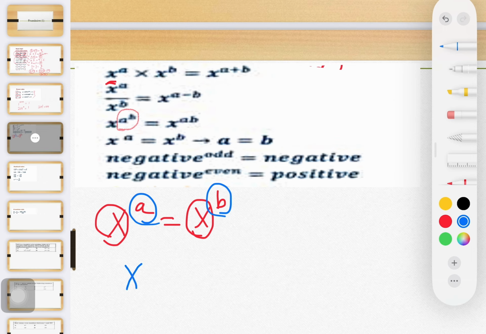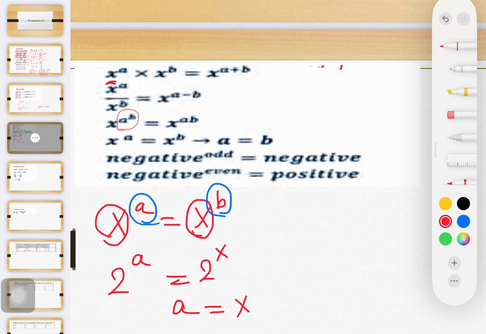For example, if I have 2 to the power of a and here also 2 to the power of x, it means a equals x.